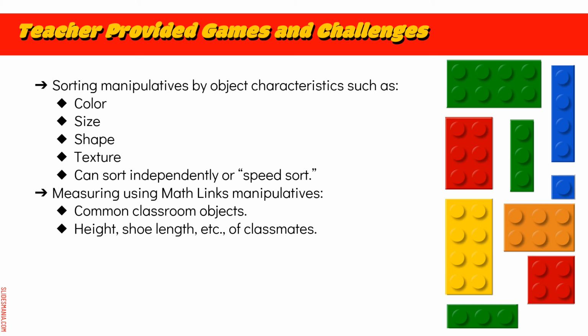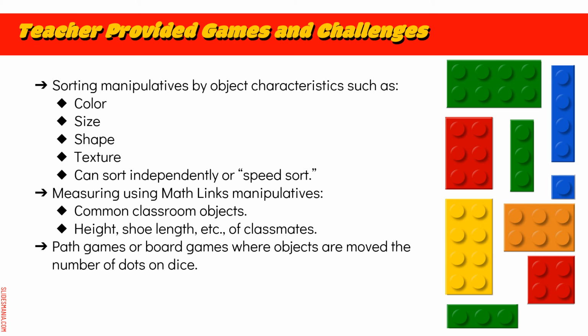You could also use them to see how tall somebody is, what size their shoe is, etc. So a lot of different things that you can do with those. You can also use manipulatives for board games like path games, where objects are moved the number of dots on a dice. So I'm going to show a visual example of this in the classroom, of one that can be used with Duplo bricks.